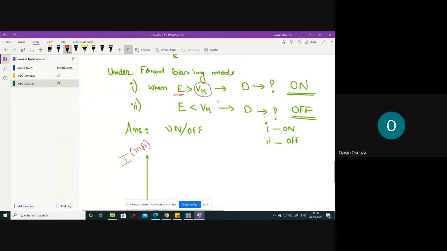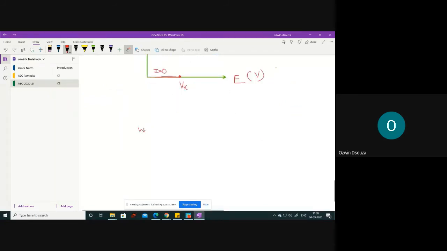And when the diode gets turned on, what happens to the equivalent circuit? When D is on, the equivalent circuit takes the following shape. This is your barrier potential, and this is your RD. This is plus and this is minus, and this is the flow of current.